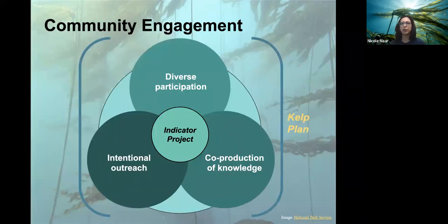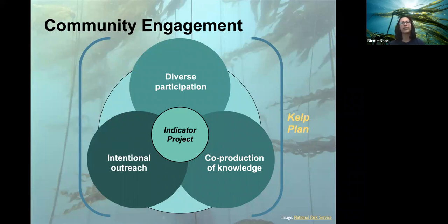And our approach to community engagement extends from indicator development and out to the broader Kelp plan, and it rests on 3 core principles or values. The first is intentional outreach, the second is diverse participation, and the third is co-production of knowledge.